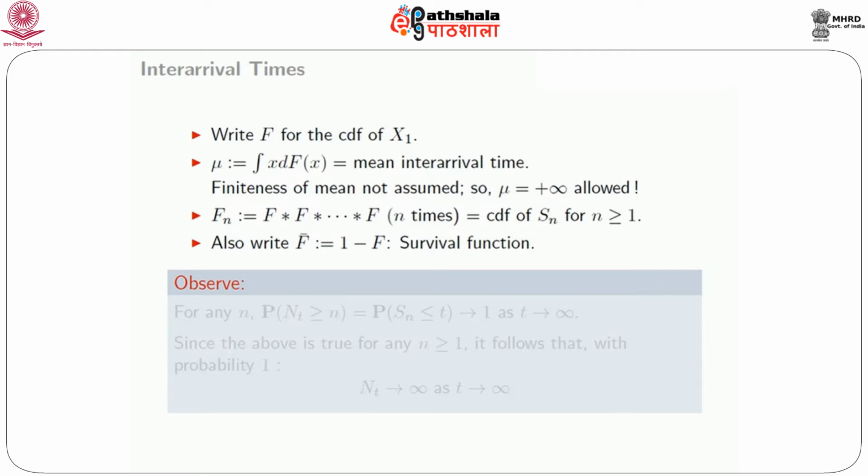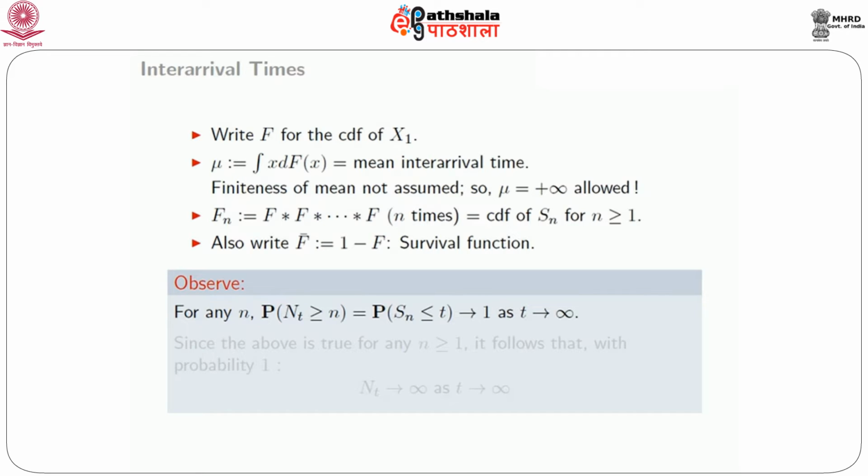Okay, observe that for any n, since the event Nt greater than or equal to n and the event Sn less than or equal to t are identical, the probabilities are the same. And since Sn goes to infinity, the probability that Sn is less than or equal to t goes to 1 as t goes to infinity.